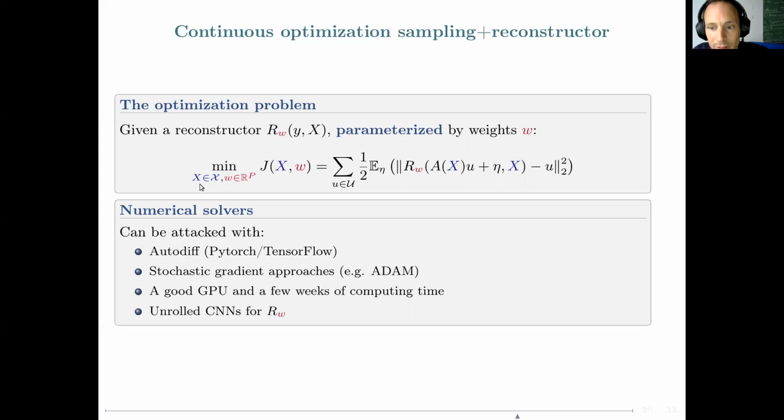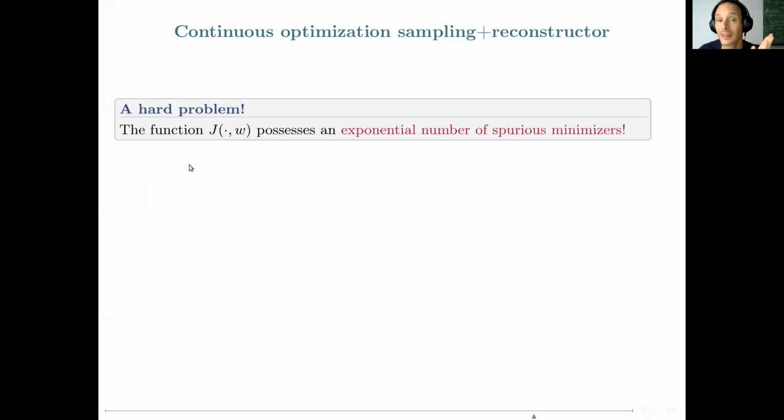The difference compared to previously is that X is free to live in all the admissible trajectories. And this super complicated problem can actually be attacked with modern tools, such as automatic differentiation, stochastic gradient approaches, a very good GPU, and a few weeks of computing time. And well, in a sense, you solve exactly the problem that I phrased at the beginning, and you try to solve it with brute force computing. And it is a hard problem.